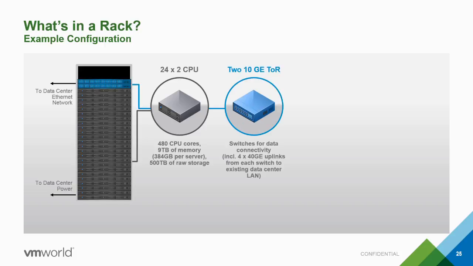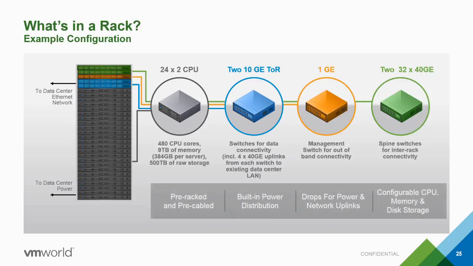Then each rack has 2 top-of-the-rack switches. Each server is connected to 2 separate switches for redundancy. 10 gig NICs are included in each server, connected to separate TORs. We also have a per-rack gigabit Ethernet management switch, connected to all of the BMCs and other switches for out-of-band management.